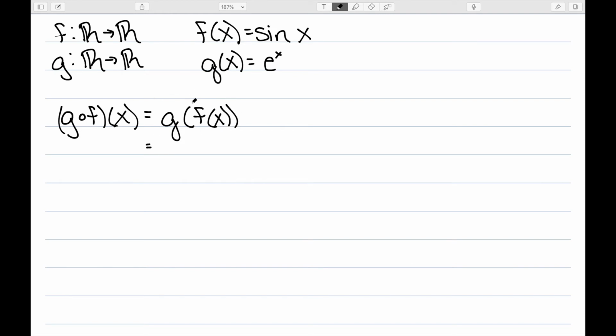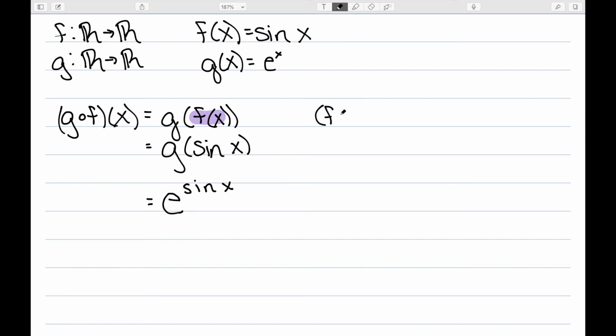I know what f of x is, so I'm going to replace this term here with the definition of f of x. And then g of sine x means take my function g, and everywhere you see an x, change it to a sine x. So g of f of x would be equal to e to the sine x.